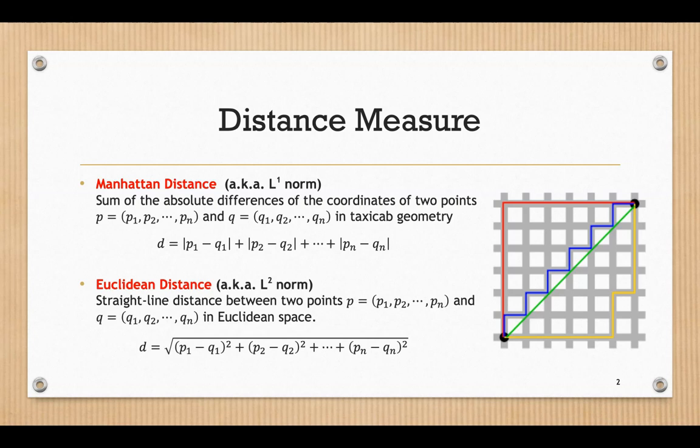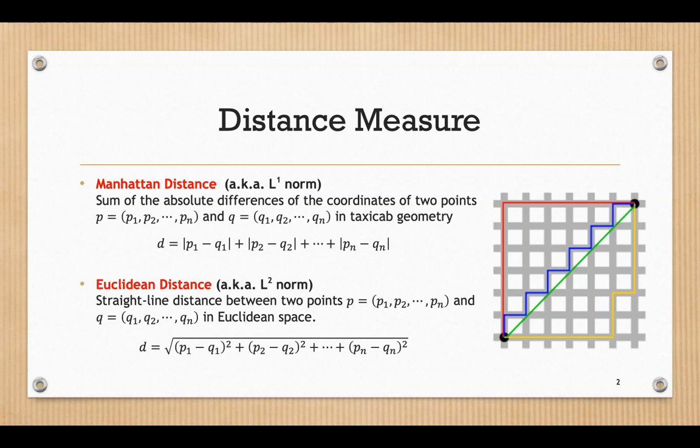The second distance measure is called the Euclidean distance, also known as L2 norm, which is the straight line distance between the 2 points P and Q in the Euclidean space. The Euclidean distance D is equal to the square root of the sum of the differences to the power of 2.